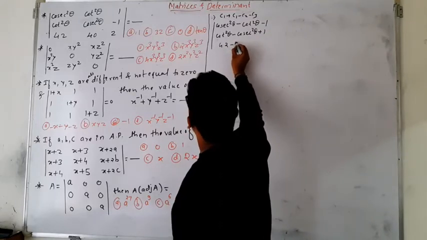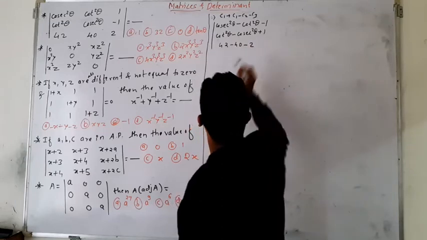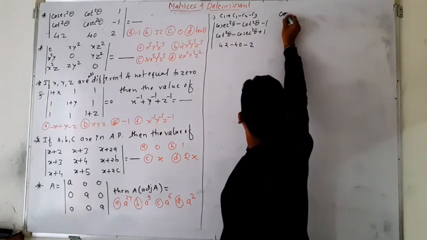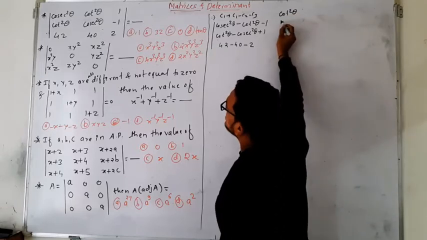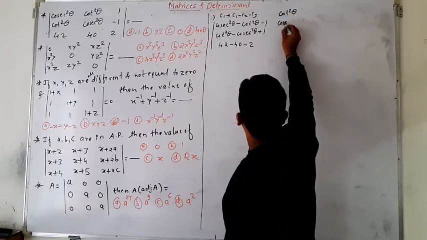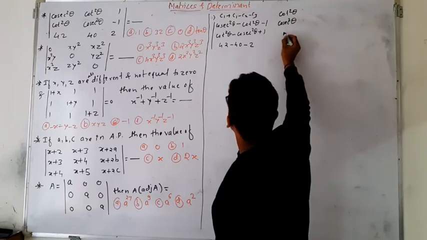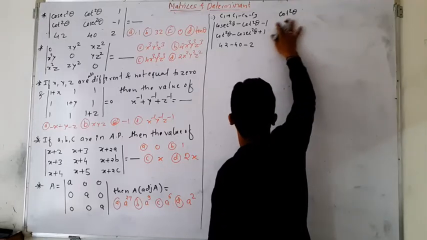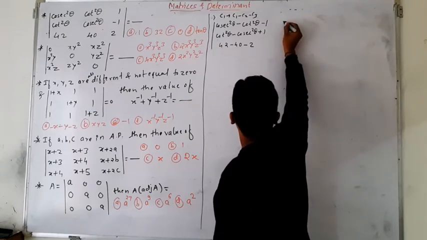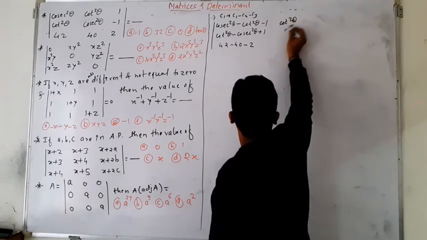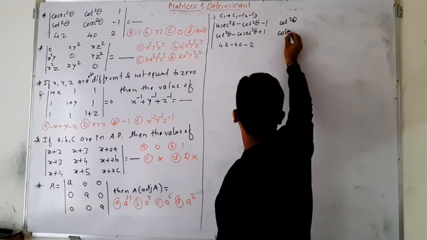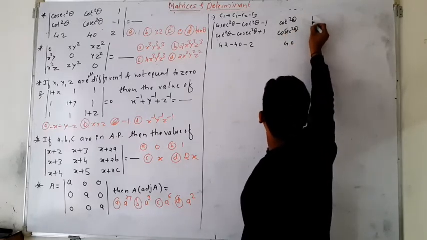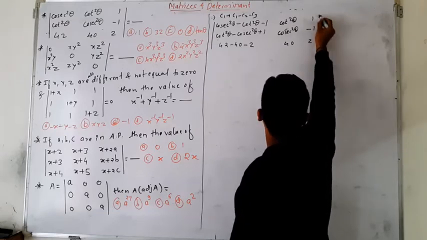Then 42 minus 40 minus 2. Then the remaining two columns we have to keep as it is, that is cot square theta, cosec square theta and 40. Cot square theta, cosec square theta, and this one is 40. And this is 1 minus 1, 2.